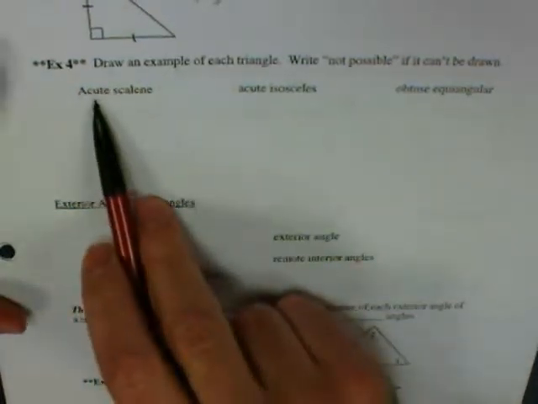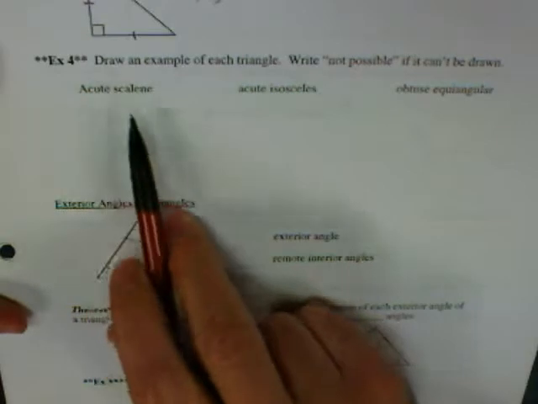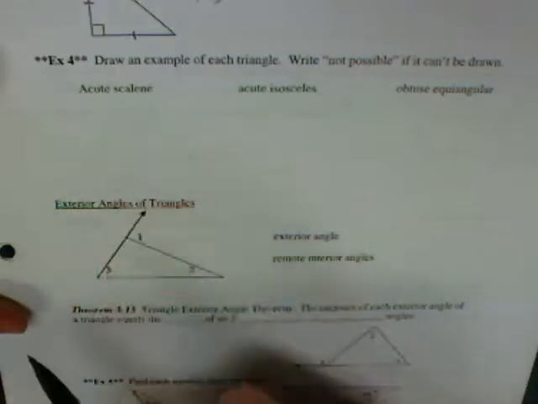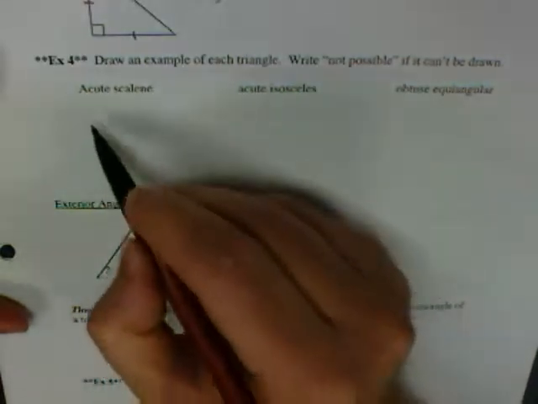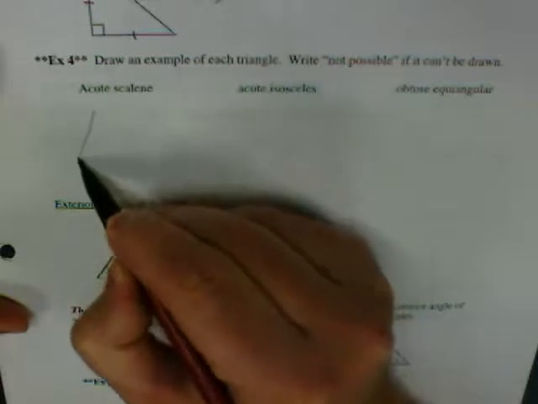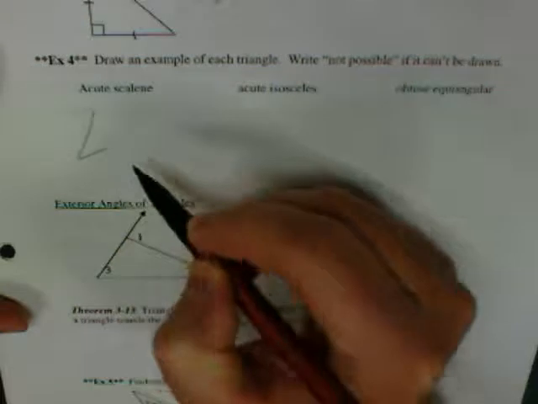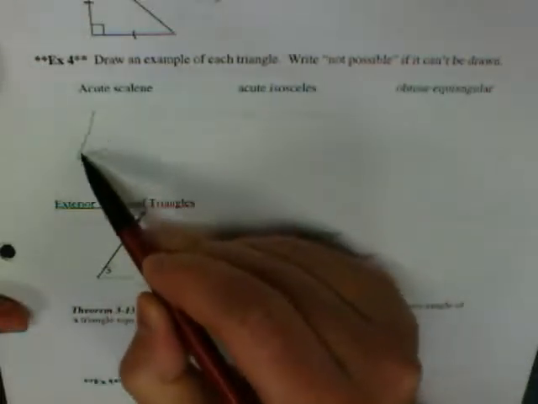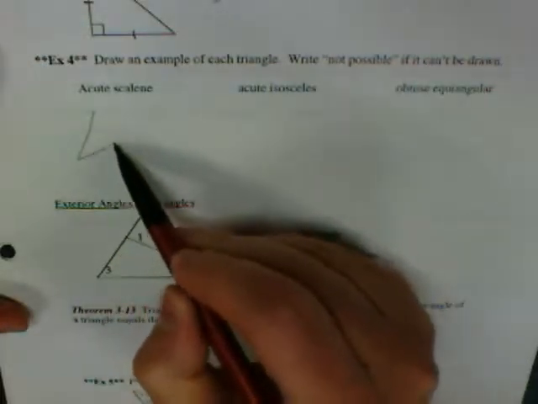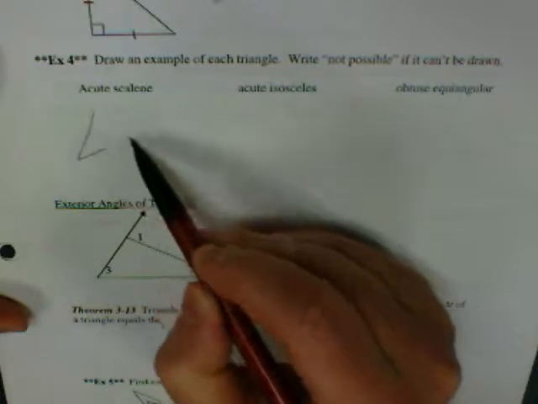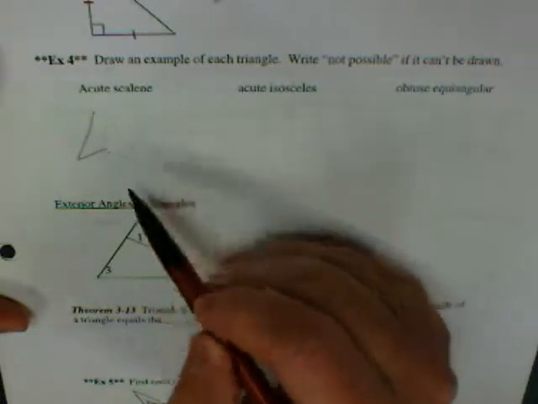Alright, so let's see our answers here for acute scalene. This is actually a much trickier triangle to draw than you might think. Acute means all three angles have to be less than 90, and scalene means you have no matching sides whatsoever. So let's see if we can draw this here. We want that to be an acute angle there, and we can't draw this so far that it's going to make this angle be 90 degrees or something greater than 90.